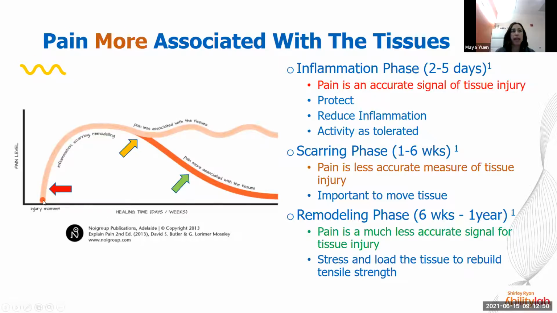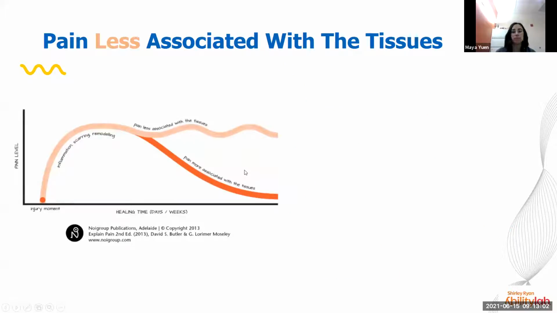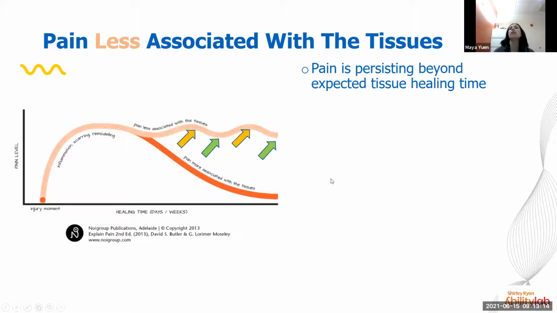With persistent pain, or what we call pain that's a little less associated with the tissues, you'll see that this pain, even though time is passing and tissue's healing, will continue to be elevated. So you'll have dips and valleys, but in general, the pain is continuing to stay elevated longer than expected. So with these patients, you'll see that, again, pain is persisting, it's lasting longer than expected.